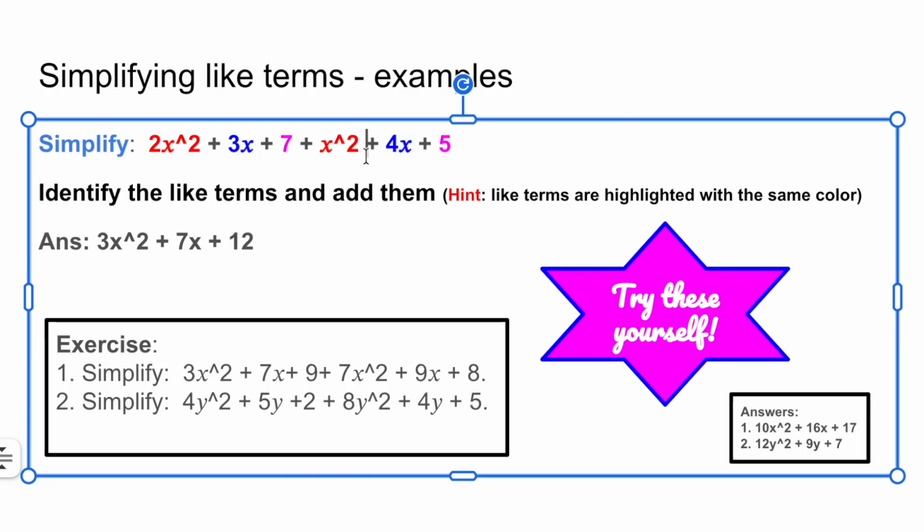Always remember there is a 1 in front of this x. That is the only one which has no coefficient. This one has a coefficient, this one has a coefficient, everything is there.